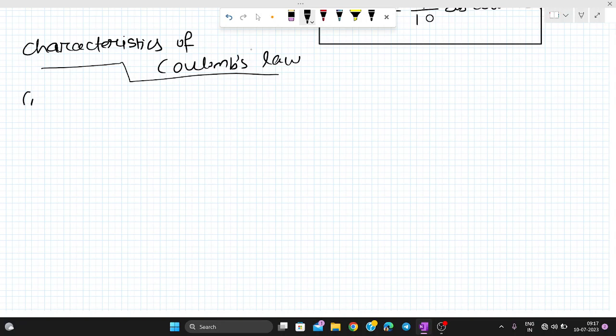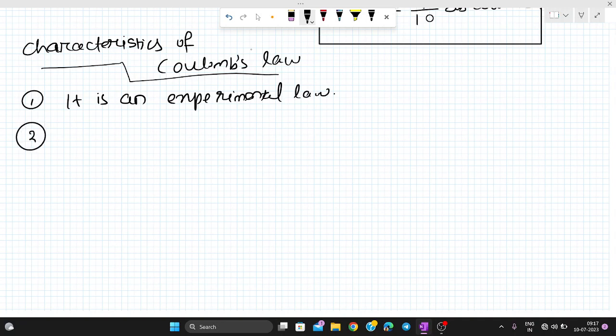First of all, Coulomb's law is an experimental law. Secondly, it is strictly valid for point charges only.